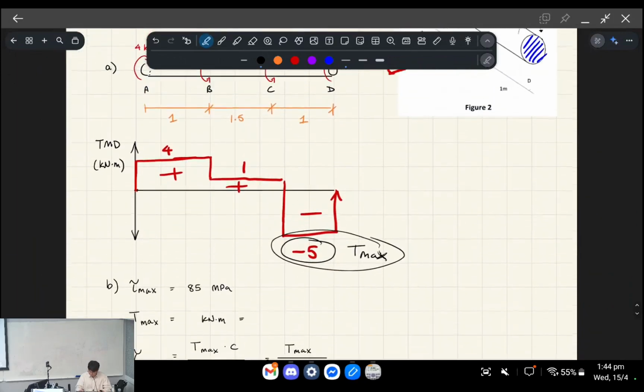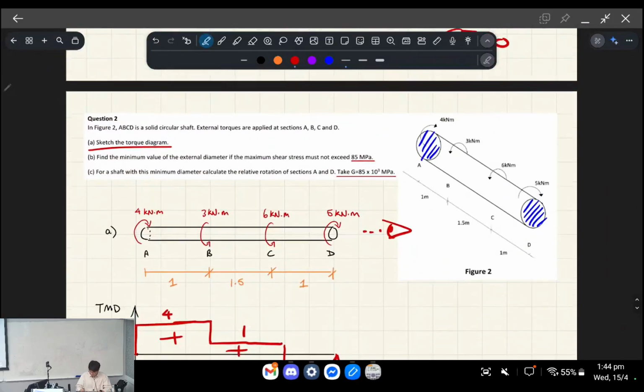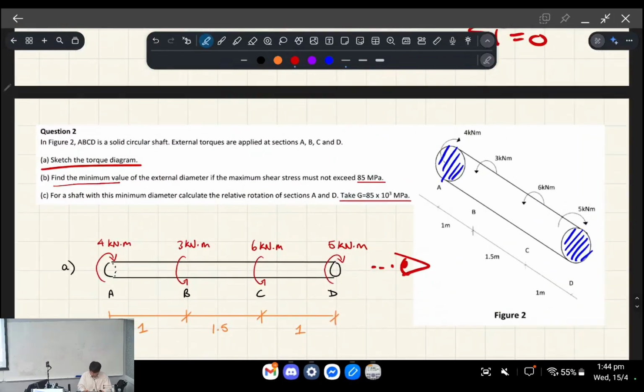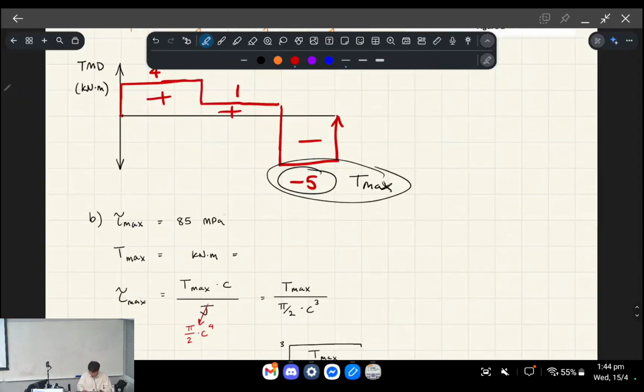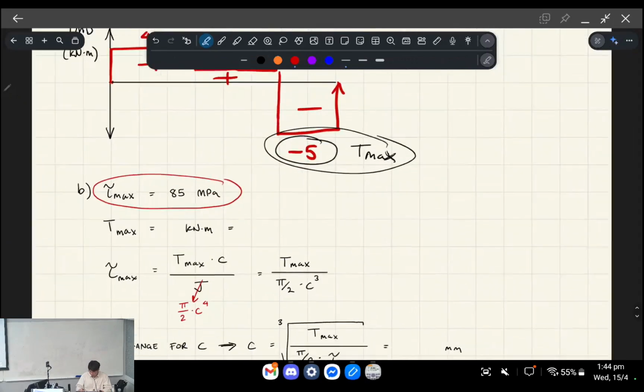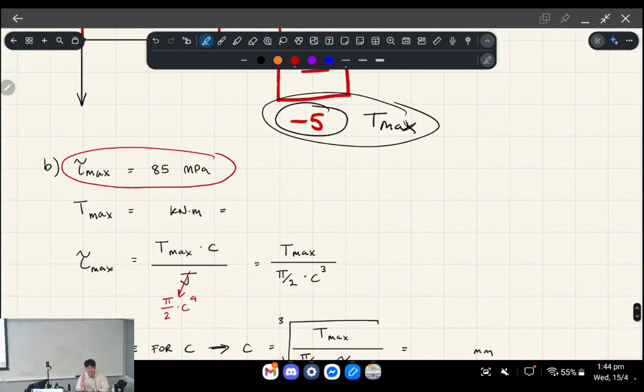Okay. We're told in the question to find the minimum value for the external diameter if the shear stress must not exceed 85 MPa. So we're told the max shear stress has to be 85 MPa.